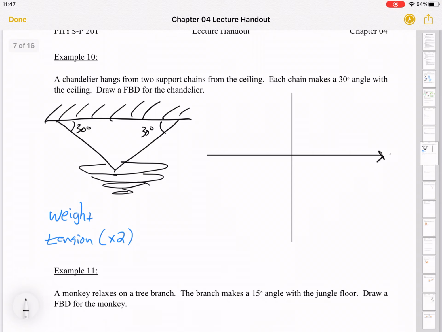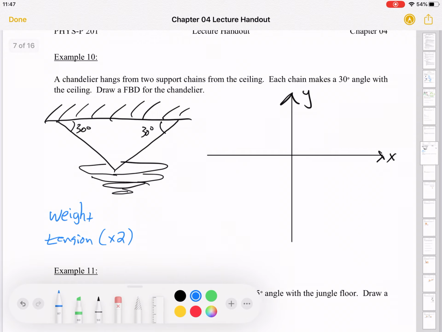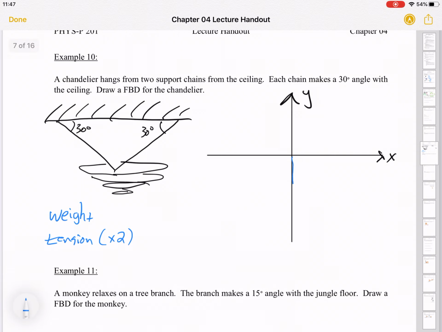Alright, and this is the x-axis, and this is the y-axis. So there are these three forces that we're going to draw. I could draw weight first, and weight is straight down right here. I have a tendency to draw these a little off axis, even though it is on axis, mostly so you can see it. So I'll make it just a little longer, why not? Okay, there's weight.